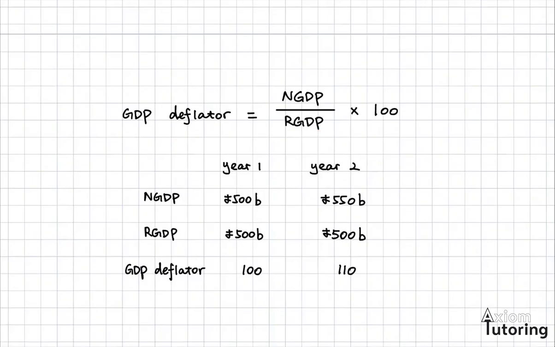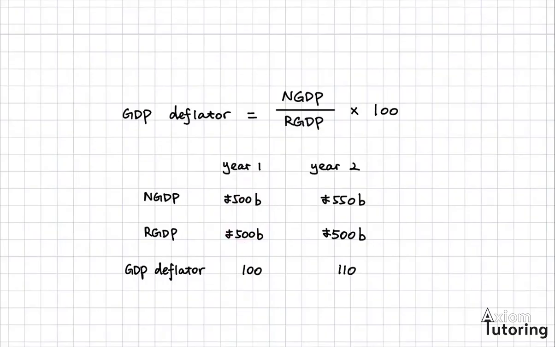Why? Suppose year 1 is the base year. In the base year, the current prices and the base year prices are the same. Therefore, nominal GDP and real GDP are equal. For example, nominal GDP for year 1 and real GDP for year 1, they're both 500 billion pounds.